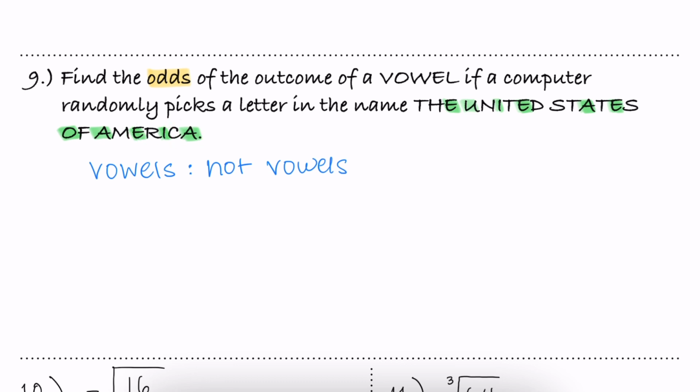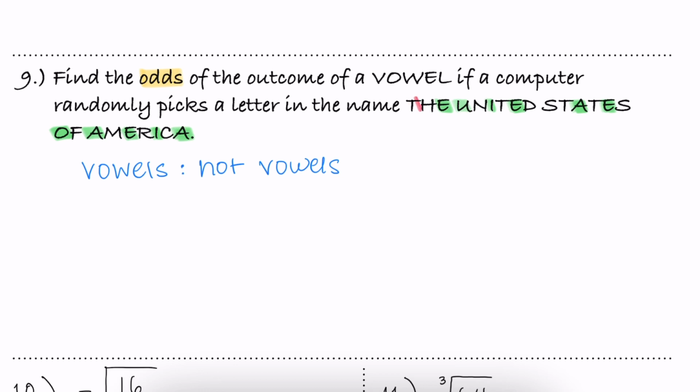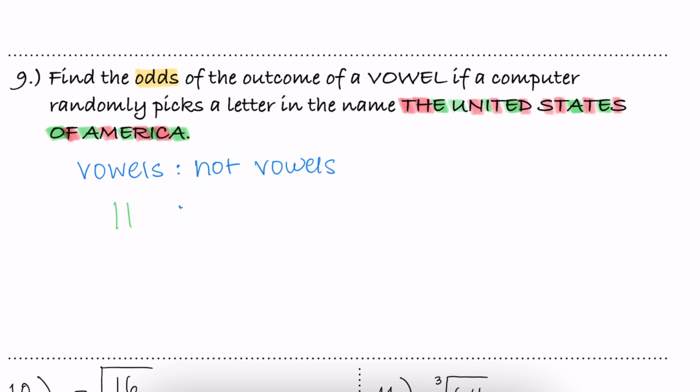And then I'm going to go through the consonants. There's 1, 2, 3, 4, 5, 6, 7, 8, 9, 10, 11, 12, 13. So we have 11 vowels, and we have 13 not vowels. And that is our final answer.